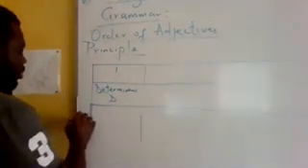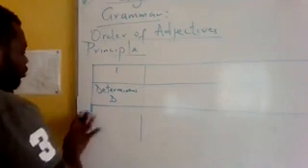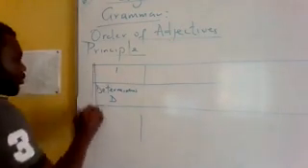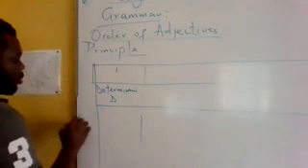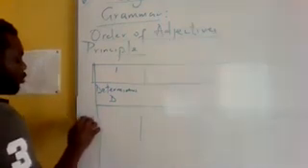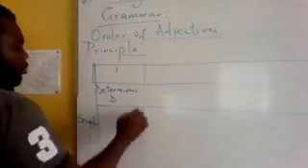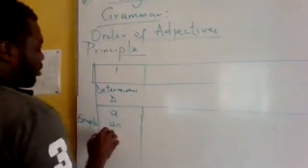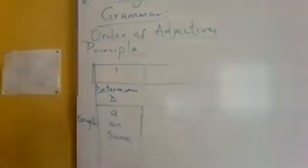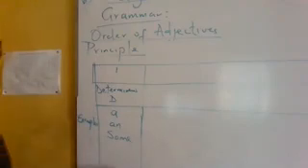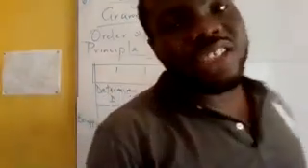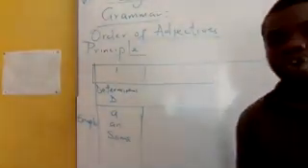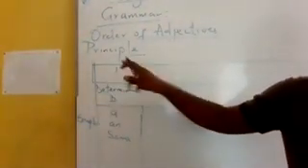So let me put this here. In case you don't know them, examples: A, and, some. This tells you that when you are giving a sentence, this will help you know which order. This is telling you that this will come first.